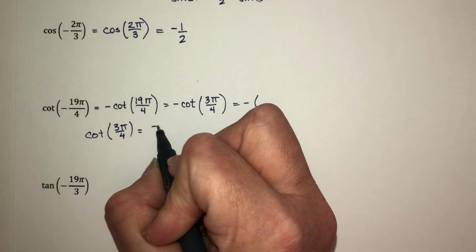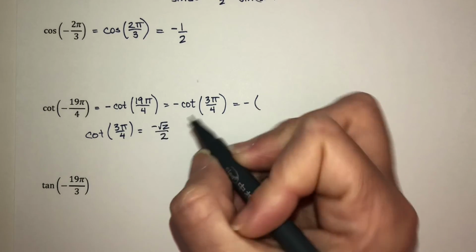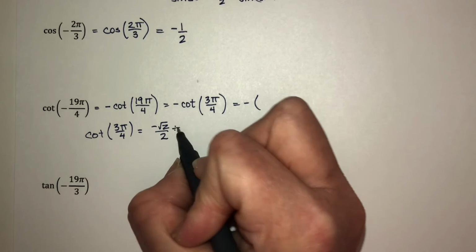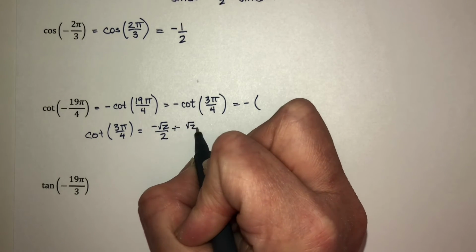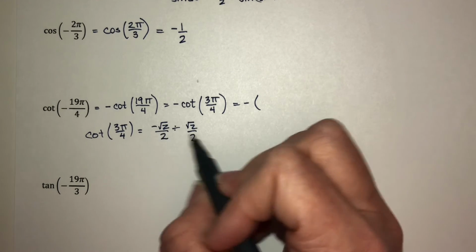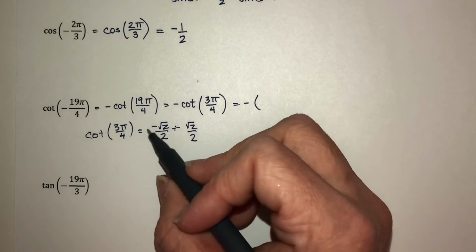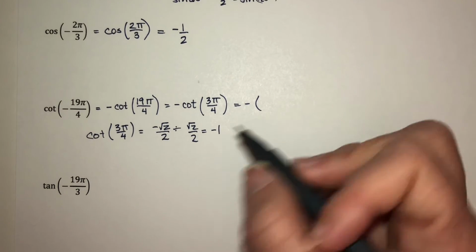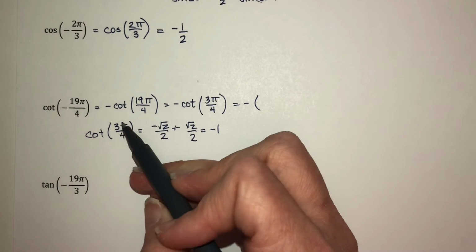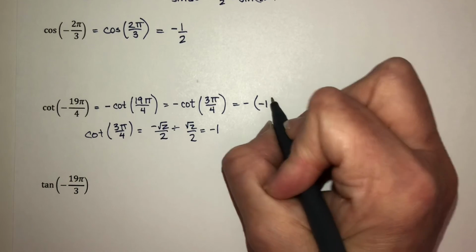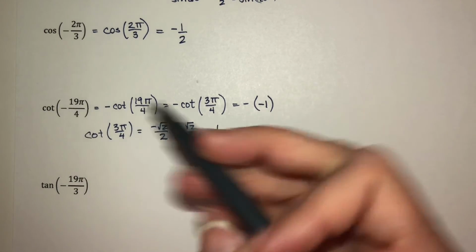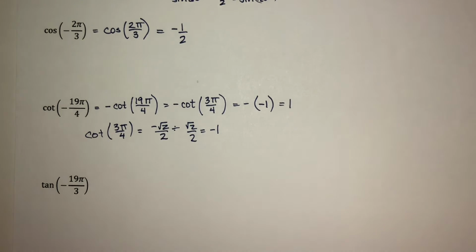So this is negative square root 2 over 2 divided by positive square root 2 over 2. Now, if you're dividing by itself, then you're going to get 1. If this is negative, that's negative 1. So cotangent of positive 3 pi over 4 is negative 1. So cotangent of this is going to equal positive 1.